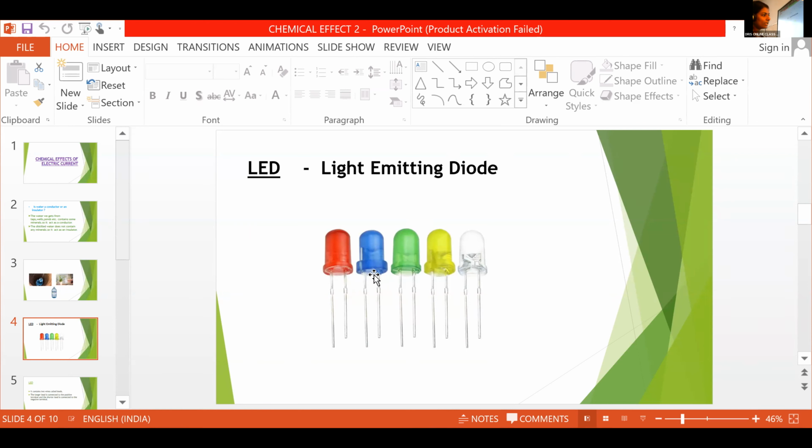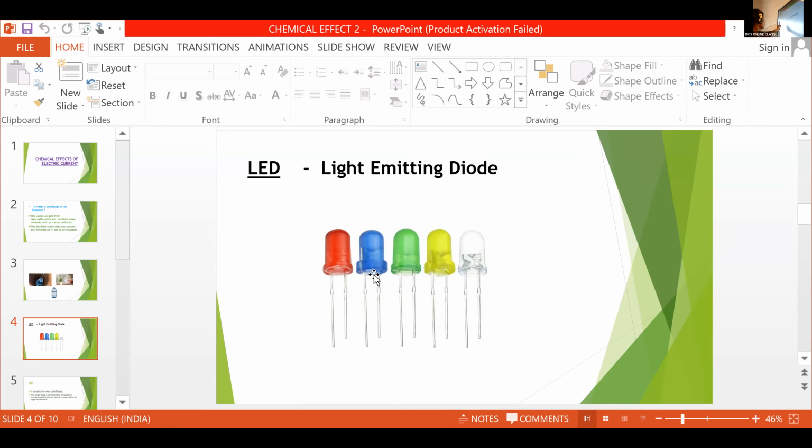Is there a difference in size? One is shorter than the other one. Very good. So one lead is big and another one is small. Is there a difference in size? Yes.